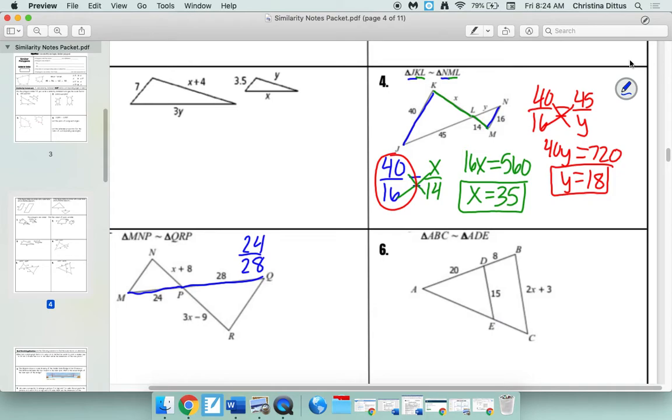I'll tell you what matches, right? What goes on top of the next one? Yeah? What is it? X plus 8. And what goes on bottom?